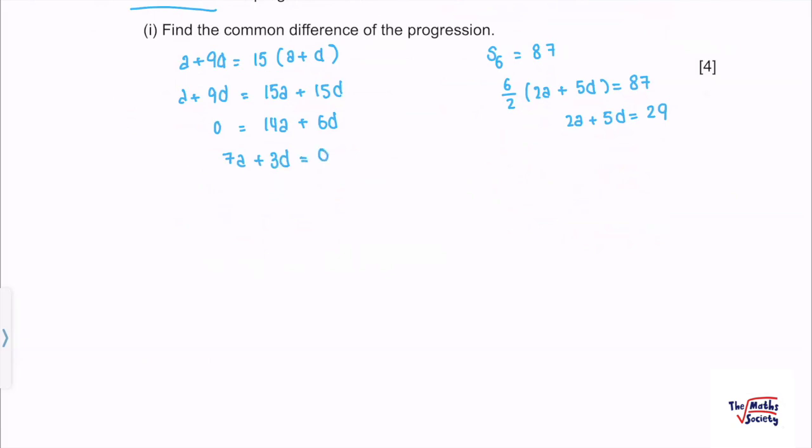Then you'll have 1 here, and over here you'll have 6a. So you just need to multiply them for them to be 15, yeah? Multiply with 5, multiply with 3. That's going to be 35a plus 15d, that's equal to 0. And the other one is 6a plus 15d equals 87.